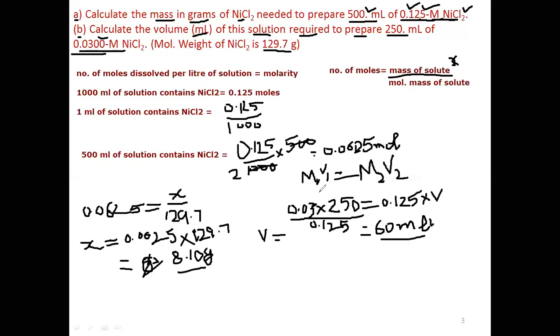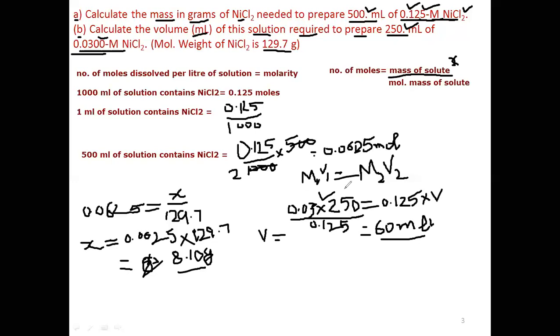So after solving this, we require 60 ml of this solution to prepare 250 ml of 0.03 molar nickel chloride solution. How will you prepare it? You will take 60 ml of this solution and keep on adding water until the volume of the solution becomes 250 ml. That is the practical perspective of how to do it practically.